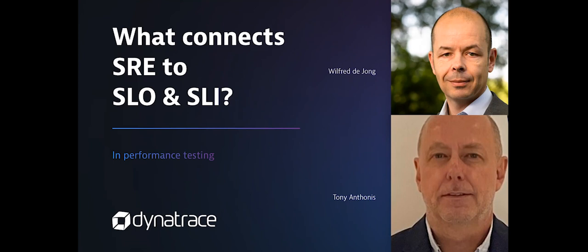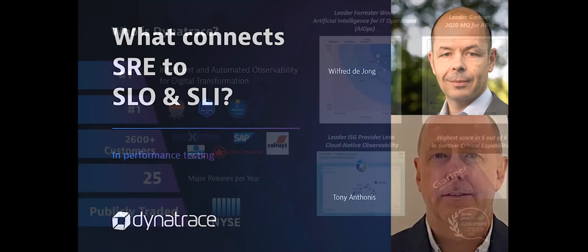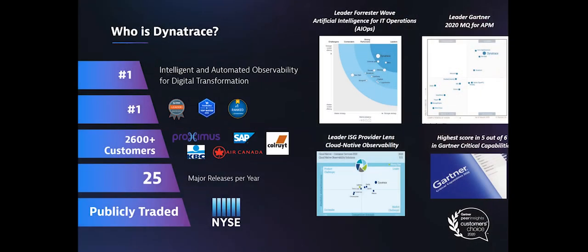Let's talk a little bit about Dynatrace, and then from there on we will go into the topic itself. So first of all, who is Dynatrace? Dynatrace is the #1 intelligent automated observability solution out there in the marketplace, recognized by all the well-known analysts, Gartner, Forrester, and so on, but also recognized by customers, and you see a snapshot of those on the slide.